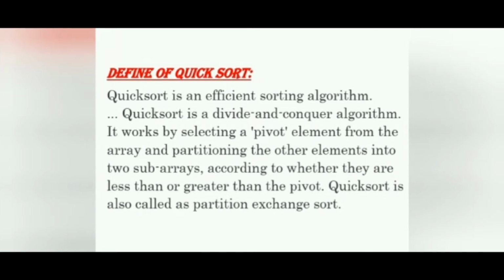Starting with the definition of quicksort. Quicksort is an efficient sorting technique. It works by the principle of divide and conquer, so it is also called partition exchange sort. It works by selecting a pivot element from the array and partitioning the other elements into two subarrays according to whether they are less than or greater than the pivot element.